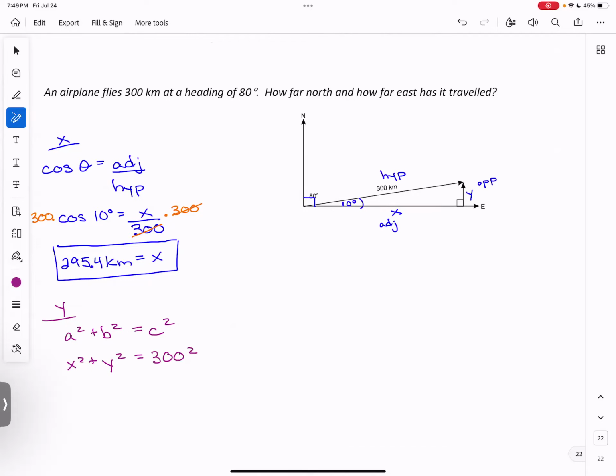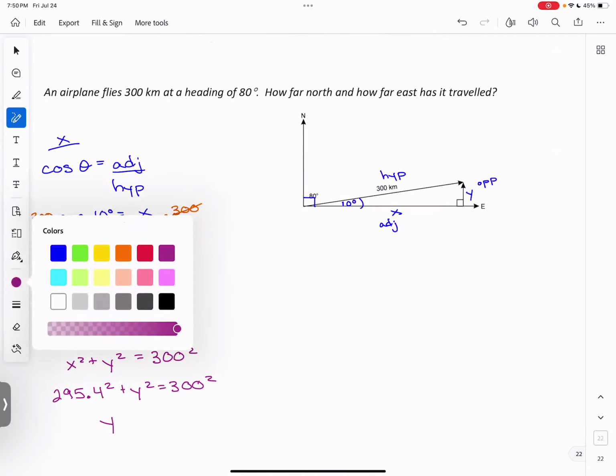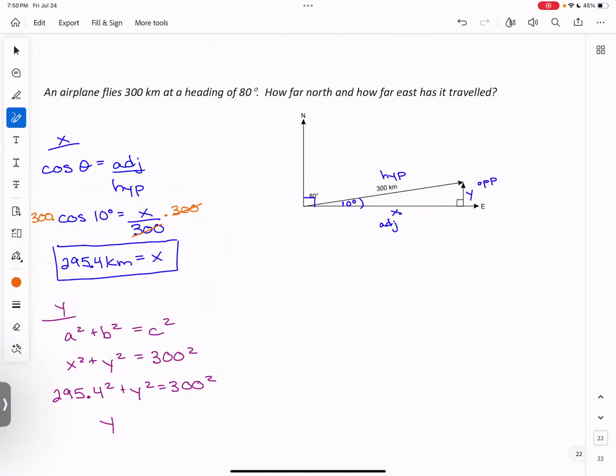And I know x from up above. I'm just going to leave that whole number stored on my calculator, but 295.4 squared plus y squared equals 300 squared. So we're going to subtract 295.4 squared from both sides.